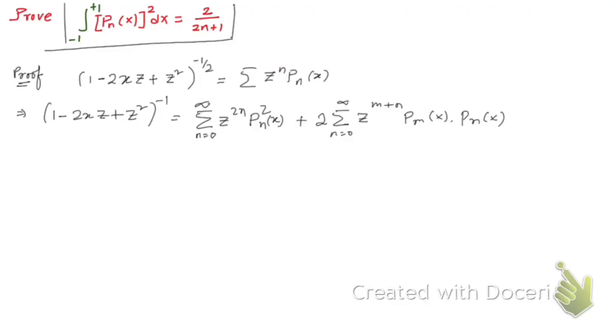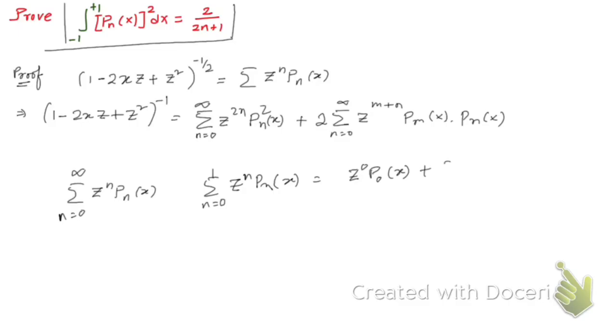Let me consider this term first. If we take it for n equal to 0 to 1 only, then its expansion will be of this form: z to the power 0 P0 of x plus z to the power 1 P1 of x.